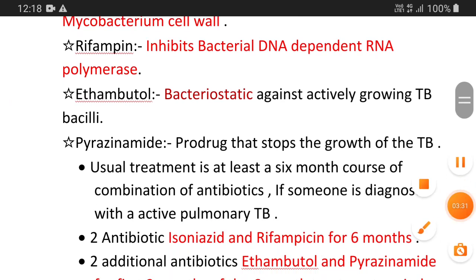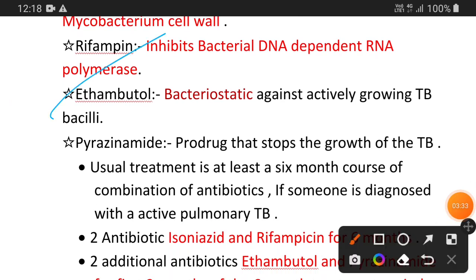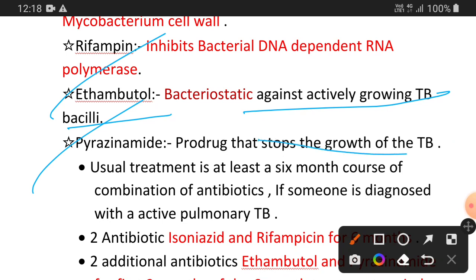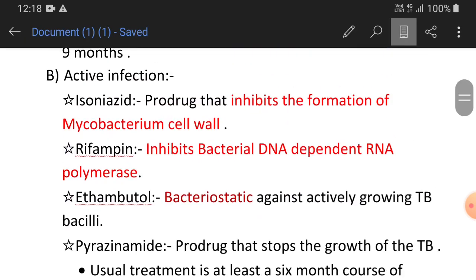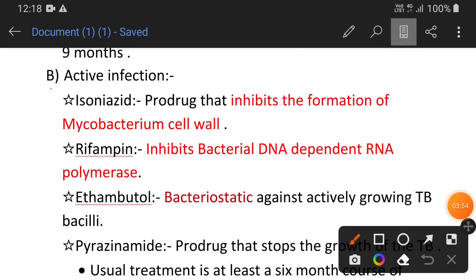The third one is ethambutol, which is bacteriostatic against actively growing TB bacilli. And the last one is pyrazinamide, which is a prodrug that stops the growth of the TB. So whenever we talk about active infection, we should use a mixture of these 4 antibiotics.